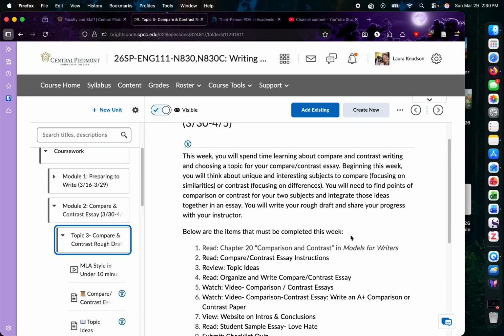But I do strongly suggest that you look at the rubric and give some consideration to the aspect of the rubric that addresses critical thinking and college level writing. If you're going to compare and contrast dogs and cats, you're going to have a hard time.